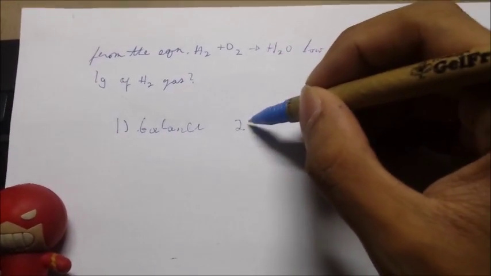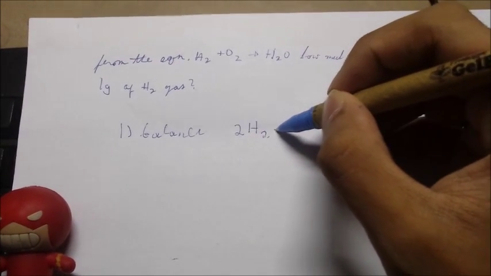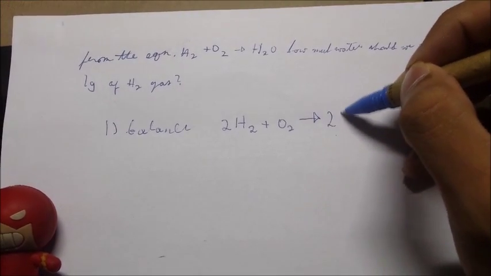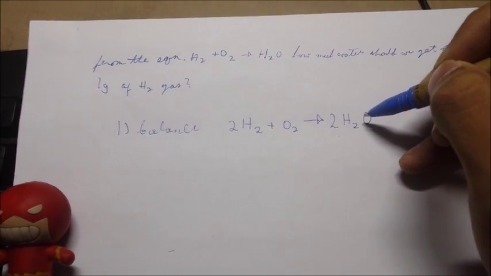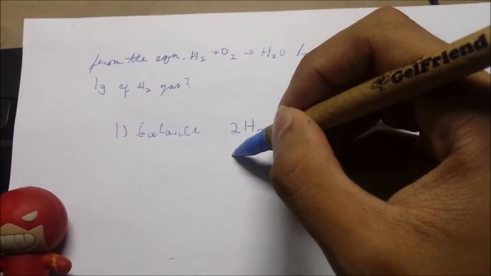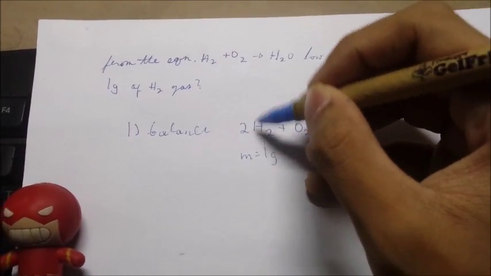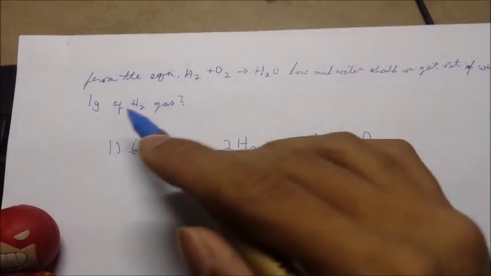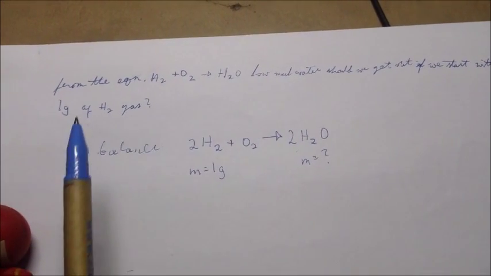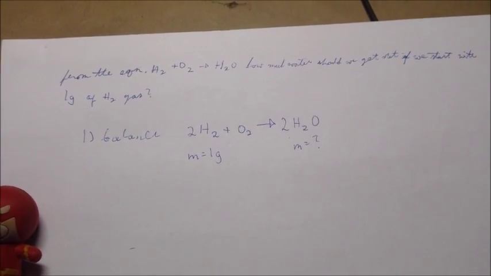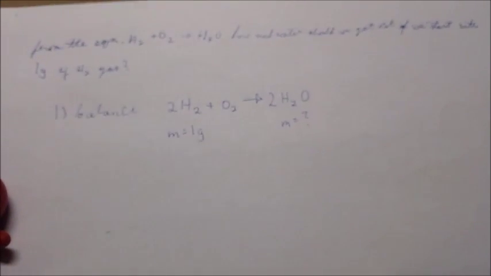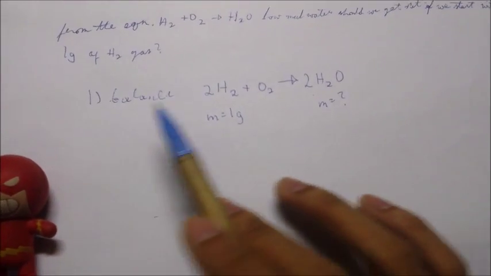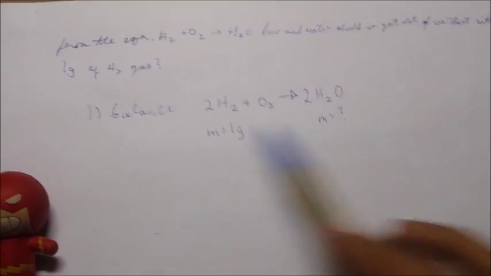So it's going to be 2H2 plus O2 yields 2H2O. We start with a mass of 1 gram on this one, and the mass on this one we still don't know, because that's the question. How much water in a gram of hydrogen gas?